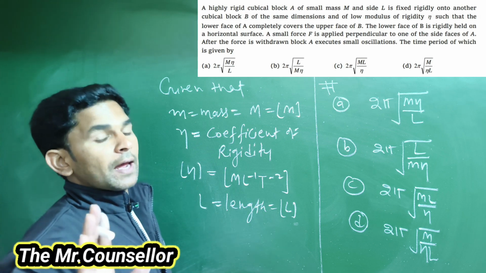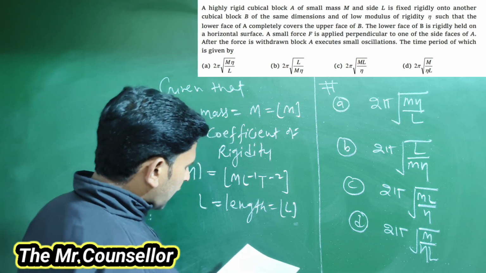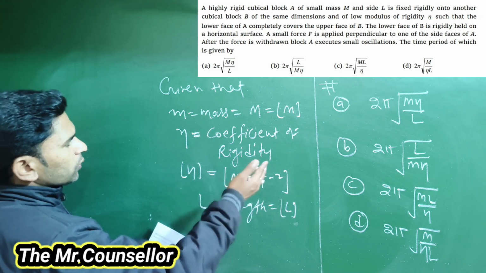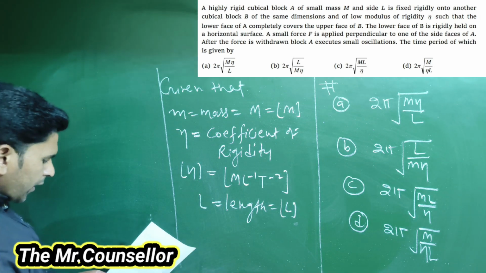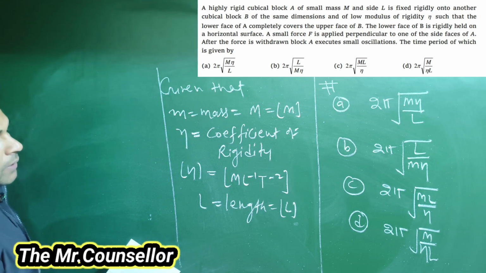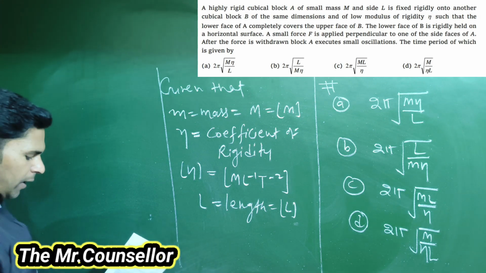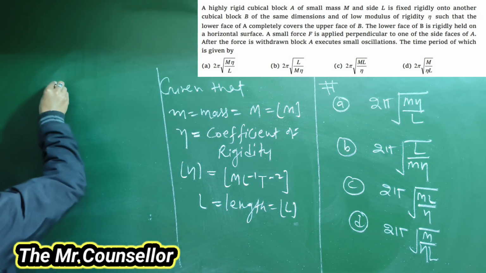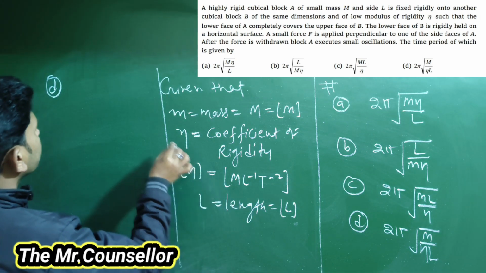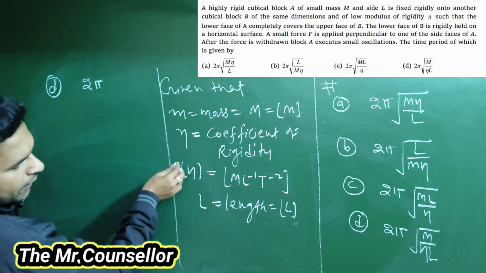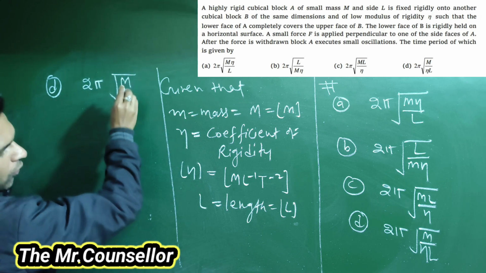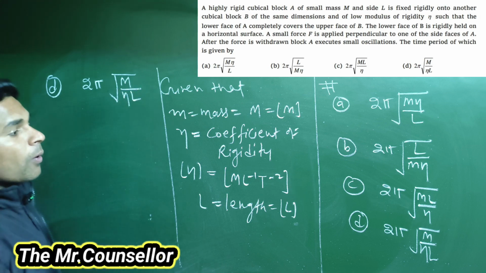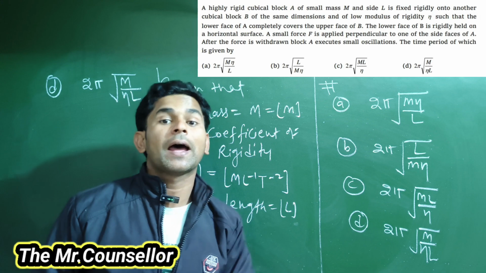They are asking for the time period, so we can write T is equal to like this, and we need to check this one. If I consider the formula I already solved, I know very well. Let us check option D: 2 pi, and here m over eta L. Which option is giving the time period?